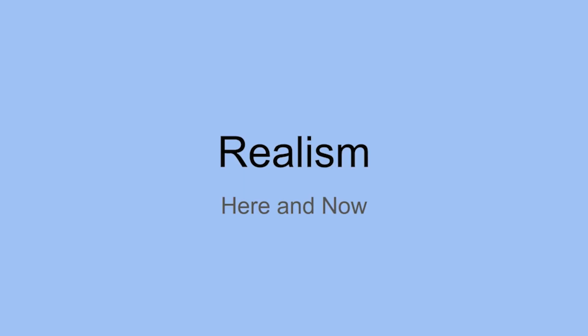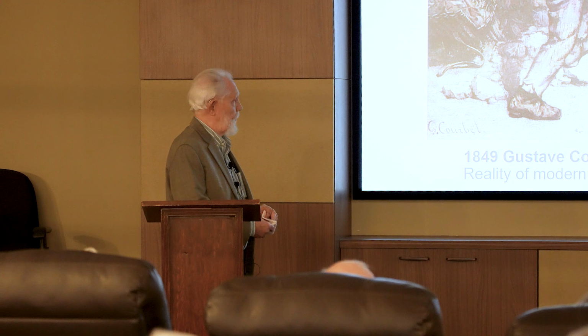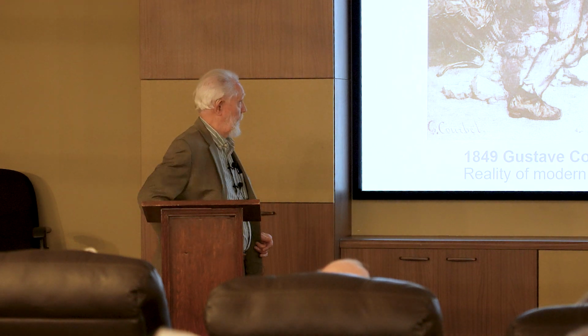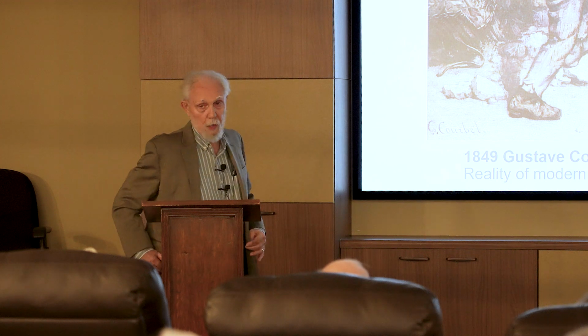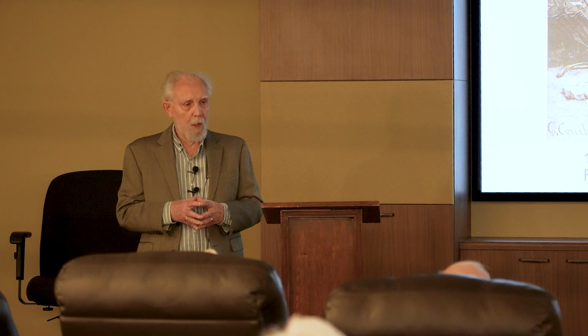Now we're going to start to look at realism. Now, when we say realism here, we're not necessarily just talking about the fact that it looks more or less naturalistic, but we're also saying it's starting to deal with the here and now. It's dealing with the world as we see it in the mid-19th century.